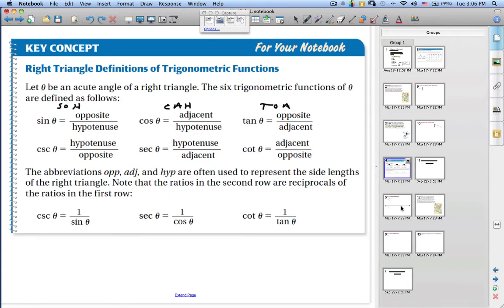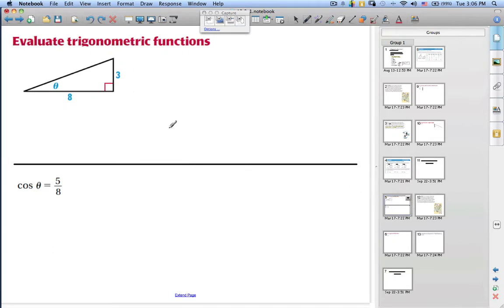And how we'd use that to find parts of a triangle. If I want to find the trig functions here, sine, cosine, tangent, cosecant, secant, and cotangent, I'm going to need to find some parts. Now if you look over here, 3 is the side opposite. So I know that that's going to be over the hypotenuse here, and it's going to be over the side adjacent here.